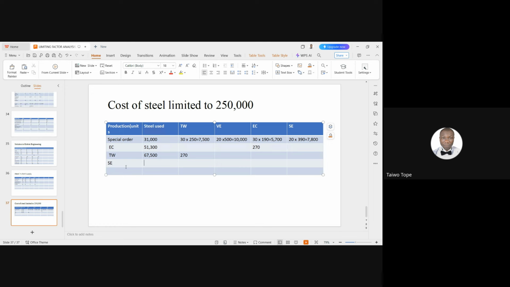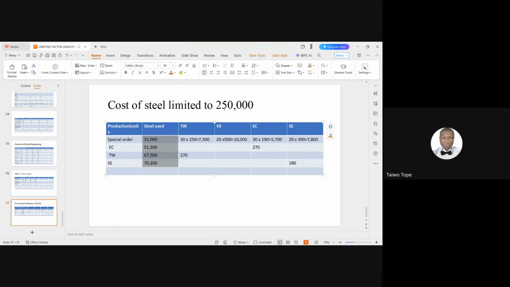So when you take 20 from 200, you have 180. So what will be the steel used here, the cost of the steel used? 7,200. Fine. Take note, all these costs are from these 250,000.